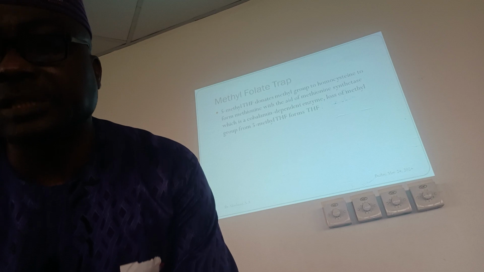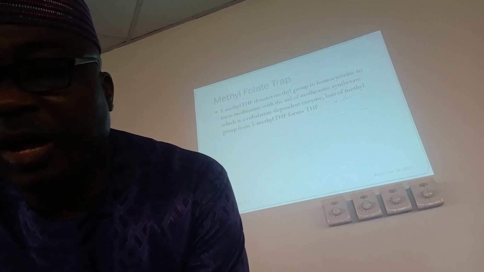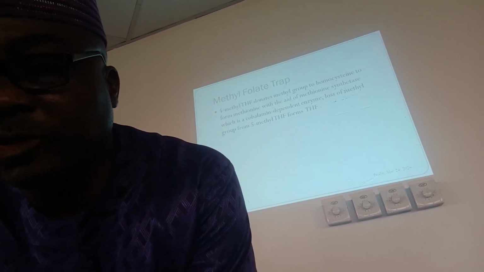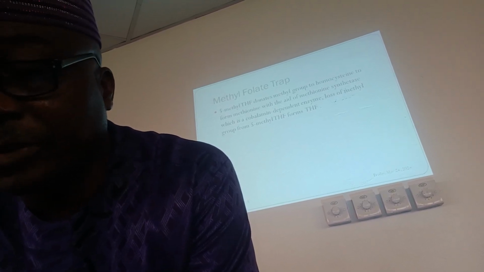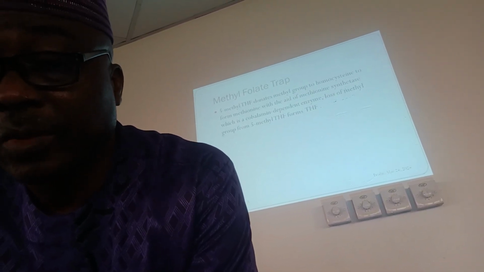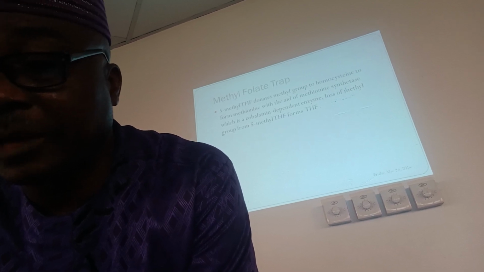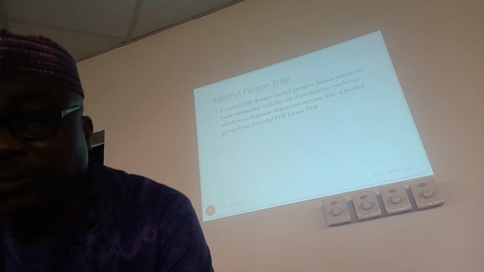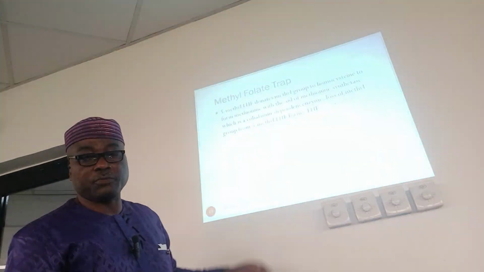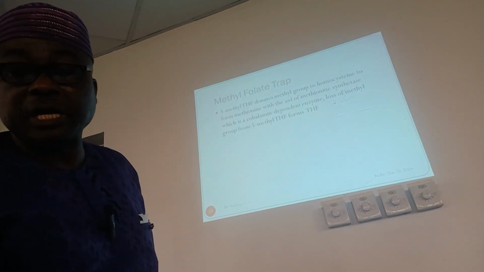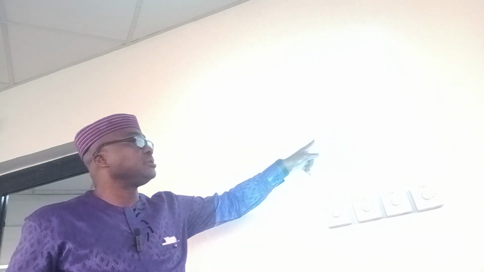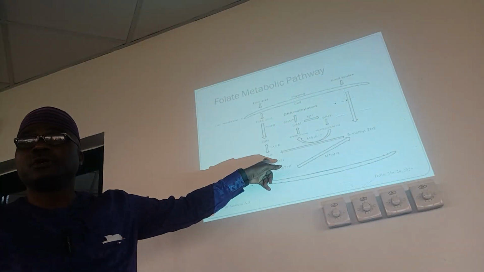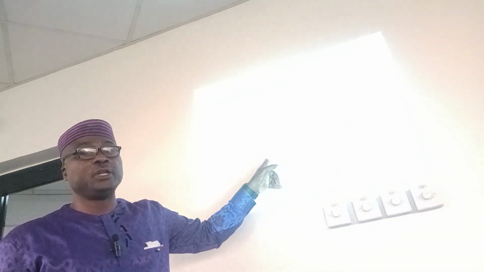So methylfolate trap: 5-methyl tetrahydrofolate donates its methyl group to homocysteine to form methionine with the aid of methionine synthase, which is a cobalamin-dependent enzyme. Loss of methyl group forms tetrahydrofolate. That's what I was explaining here. If the methyl group is lost, this one becomes tetrahydrofolate.